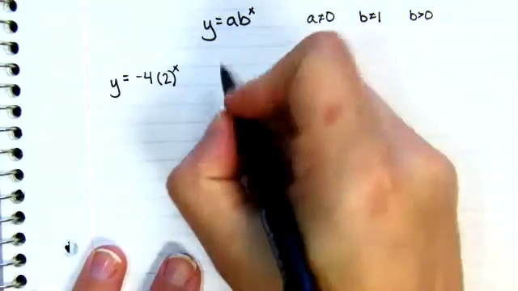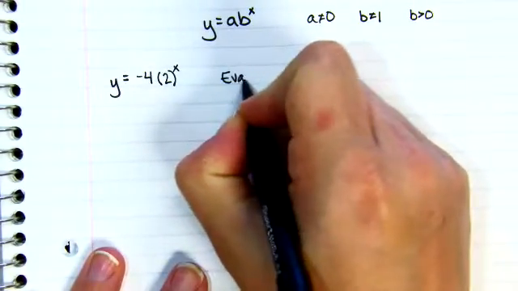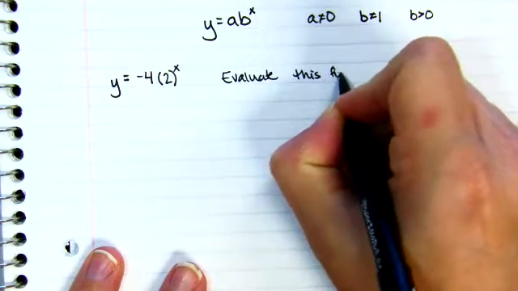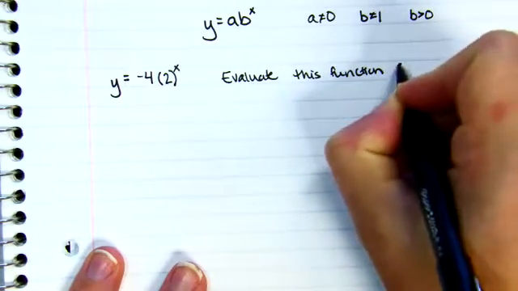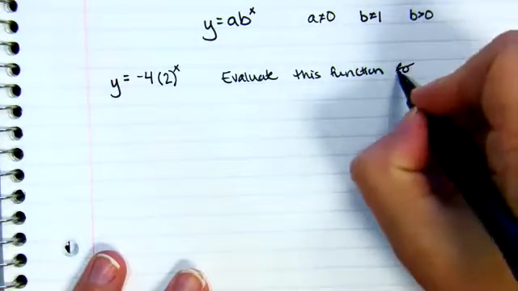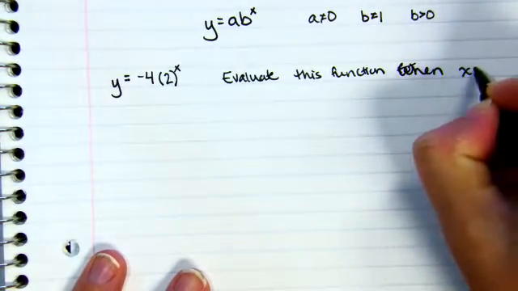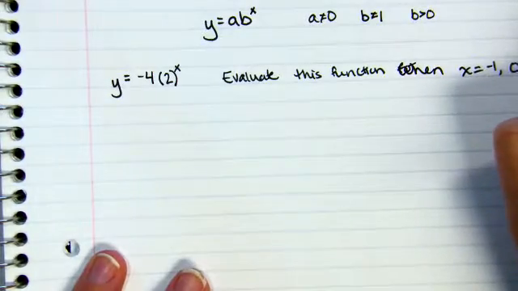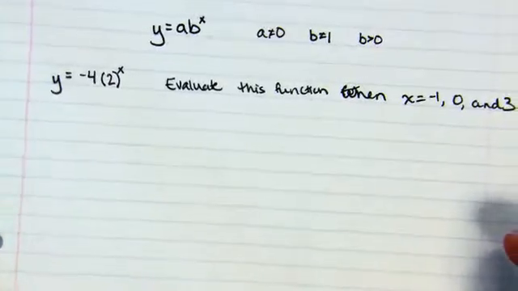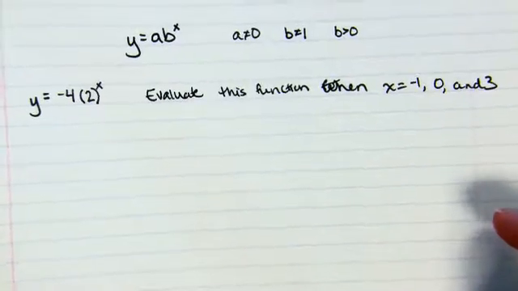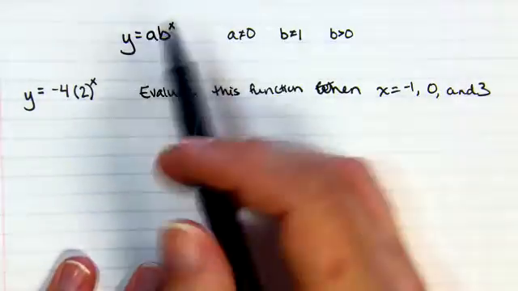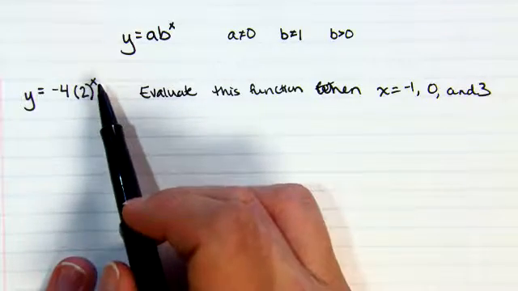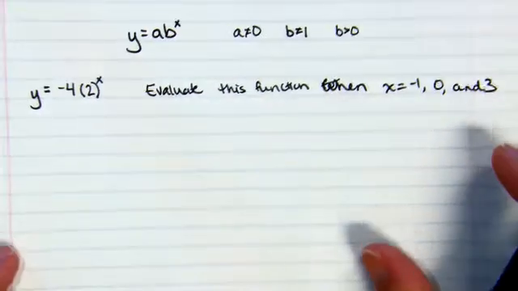So something that you might be asked to do is to evaluate this function for, or how about when x equals negative 1, 0, and 3. So what that means is I'm going to do 3 different substitutions. I'm going to substitute negative 1, I'm going to substitute 0, and I'm going to substitute 3.